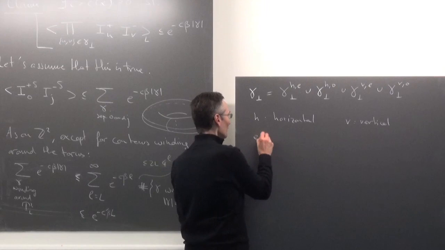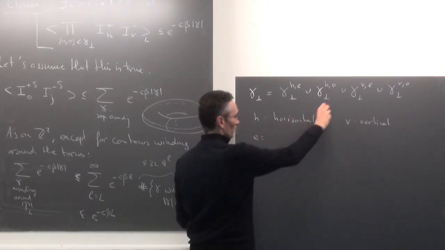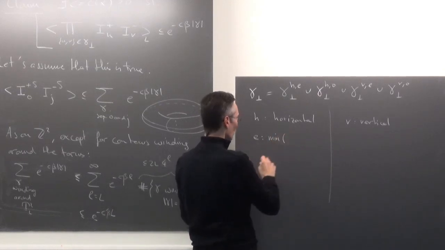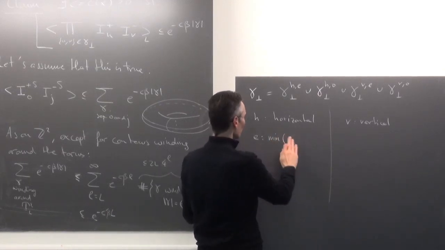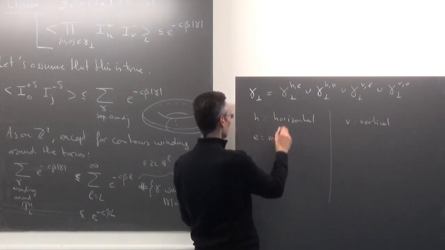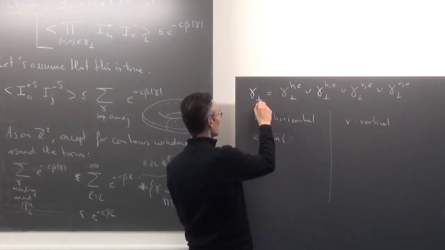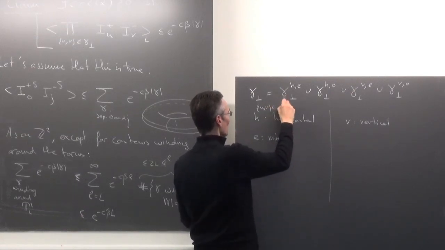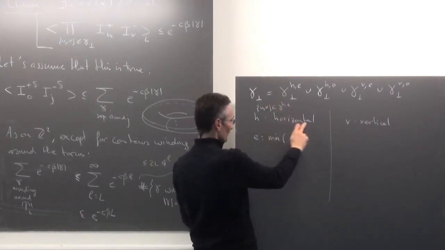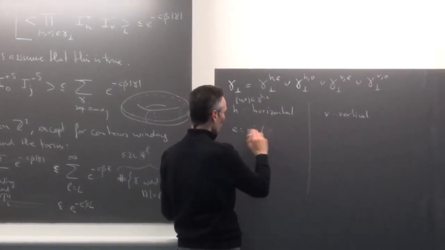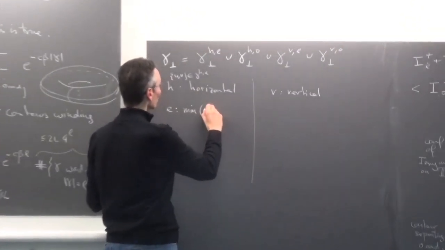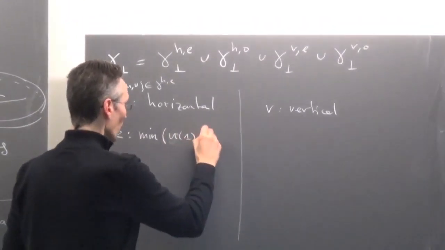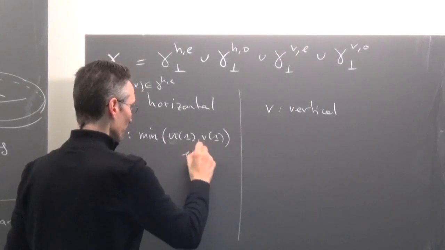So HE is what you get when, if you take an edge UV which belongs to gamma HE, then it is horizontal, and E means I want the minimum of the first components, U1, V1, to be even.